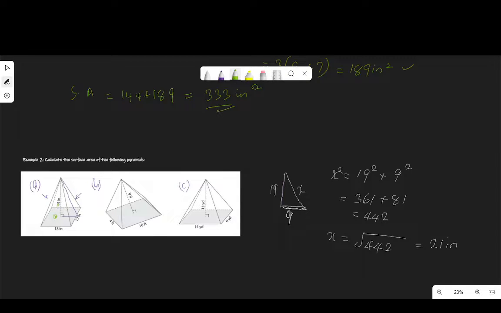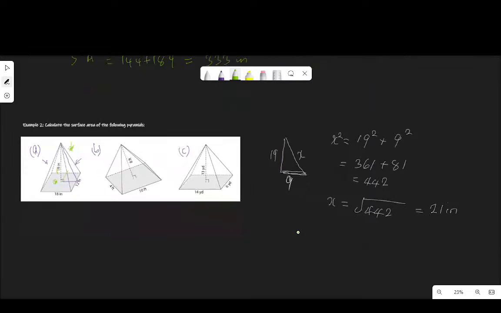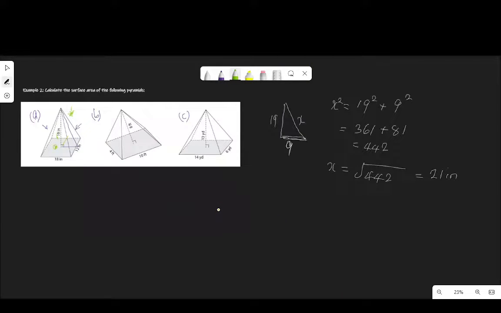The next thing now is to calculate the height of the triangle facing front, this one right here in front, and the one at the back. The one in front and the one at the back are exactly the same. To do that, let me draw a line back there, which will give us another triangle just like the one we just calculated. So let's use Pythagoras again to get the height. There's going to be a line down here to complete this triangle.